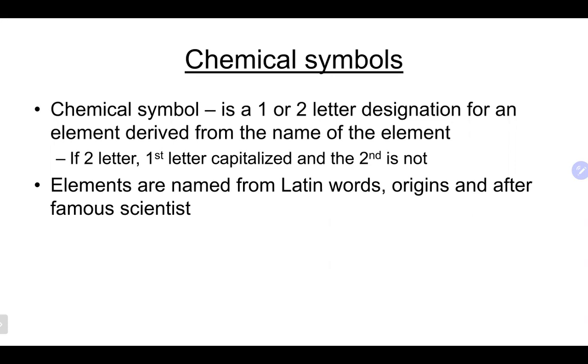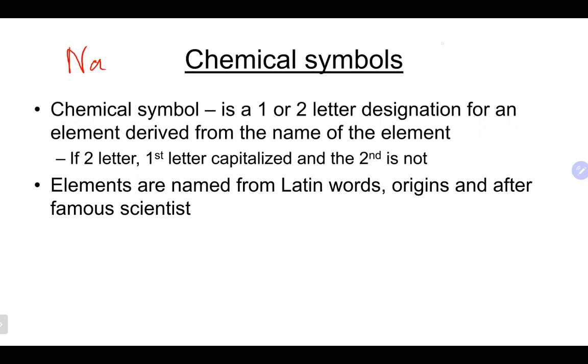So elements obviously come from a wide variety of sources. They're sometimes just historical names or Latin names. They're sometimes named after where they were discovered, like Californium, Berkelium. They're named after scientists, like Nobelium and Einsteinium. And so sometimes the symbols may be a little bit different than what you might think. Something like sodium, for example, capital N, lowercase a, is Na.